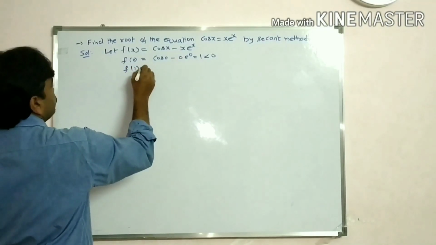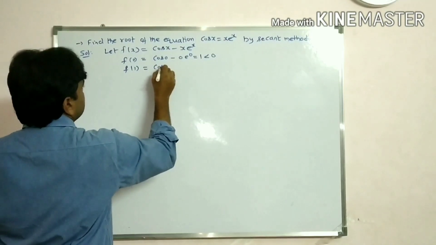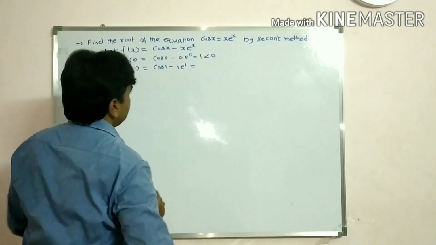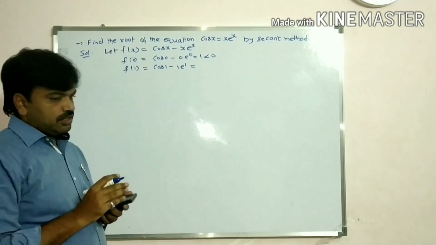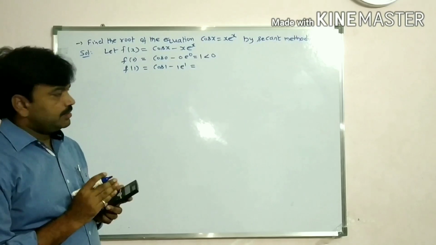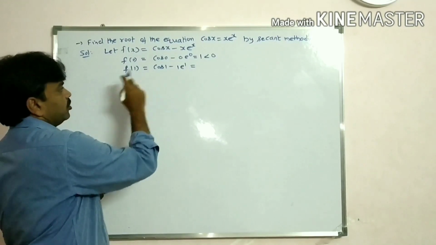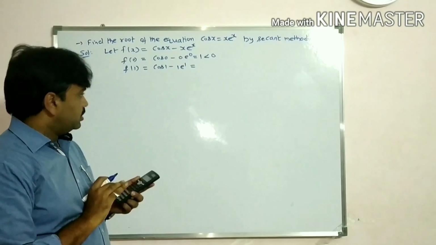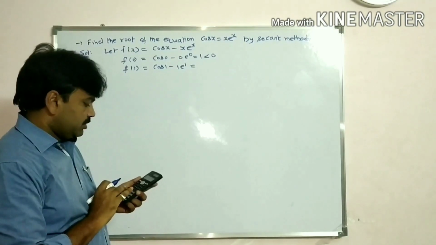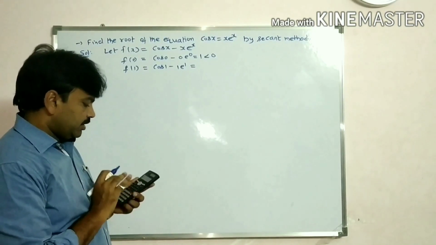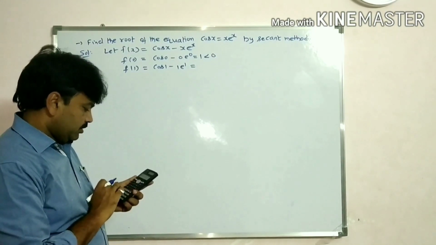And f(1), students, f(1) is cos 1 minus 1 e power 1. I already told you, students, you convert into radians because we have a trigonometric function. So cos 1 minus, shift ln, we get e1.